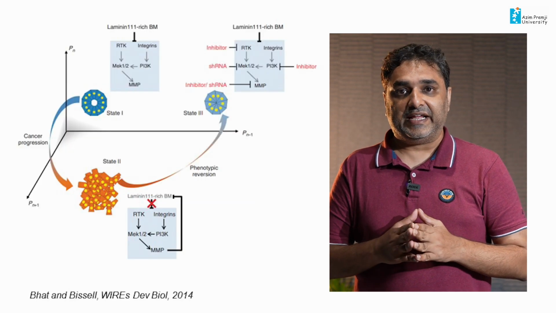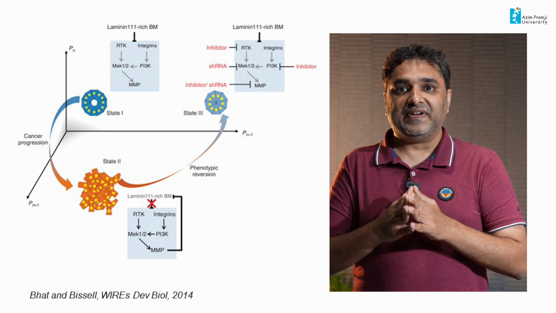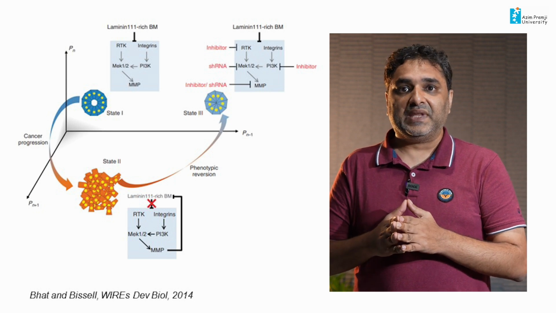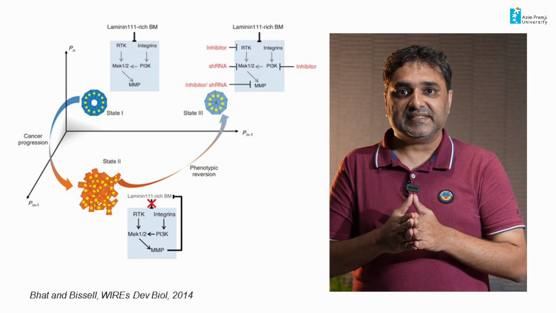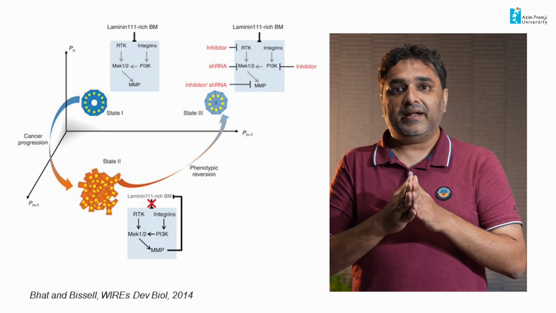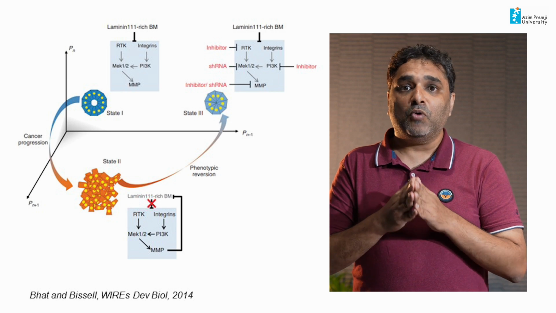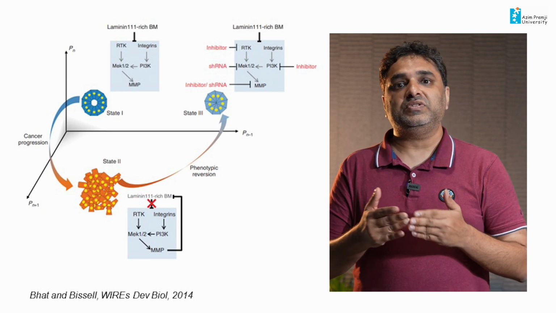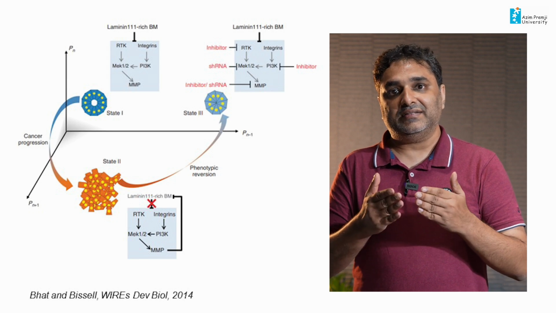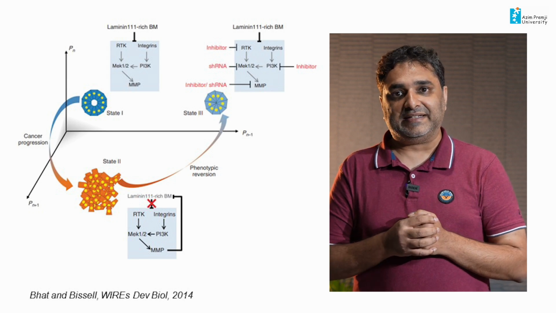What I have described is the loss of architecture at the cellular level. At the same time, within the cells as well as on the cell surfaces as well as outside, there are multiple molecular changes that are also taking place which lead to these disruptions and the breakdown of cell pattern formation.